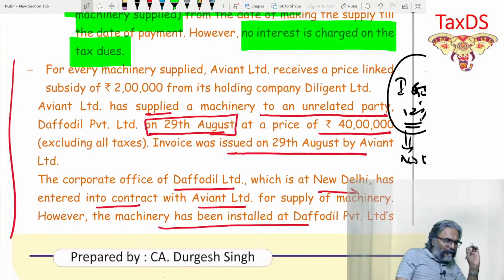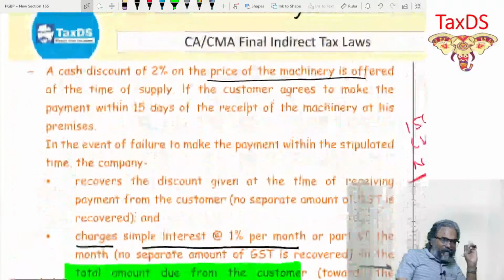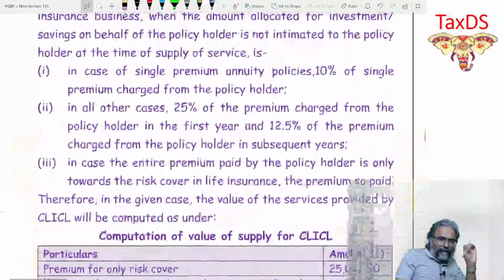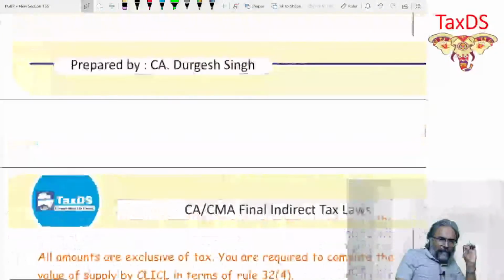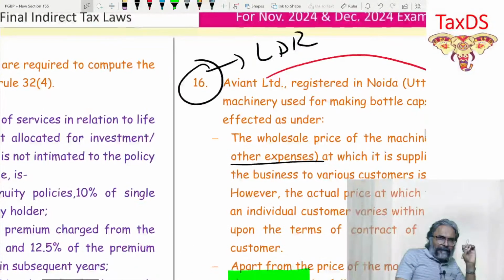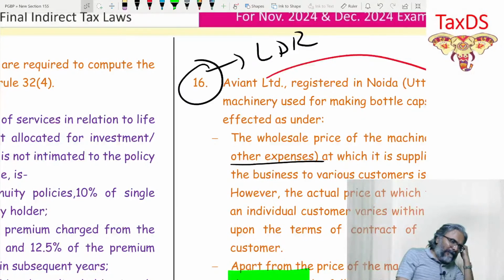On what basis, students? You have taken, in this context, 42 lakhs. You'll see that the 10% that you're talking about, plus or minus 10%, should be 44 lakhs.